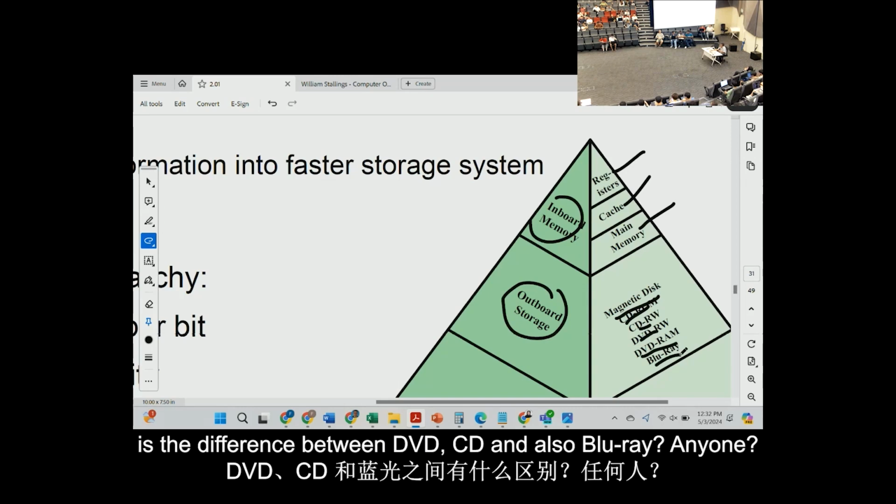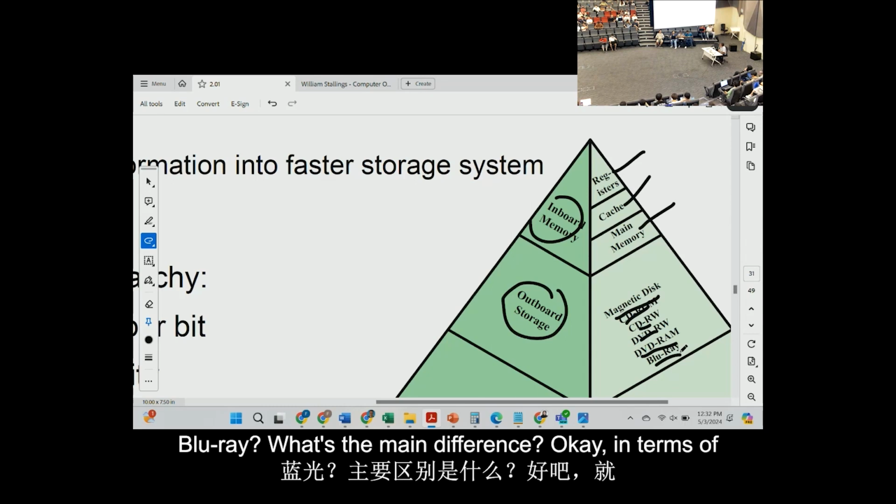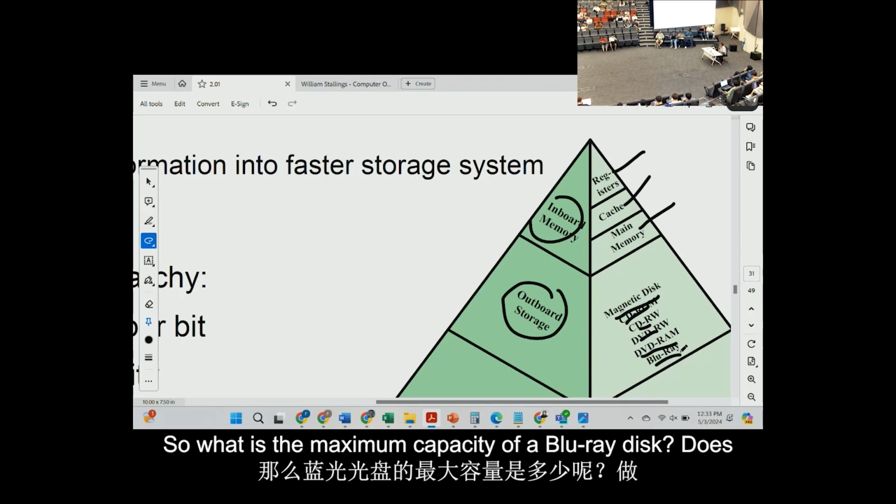So does anyone know what is the difference between DVD, CD, and also Blu-ray? What's the main difference? Okay, in terms of size of the storage. That is the main difference. So what is the maximum capacity of a Blu-ray disc?